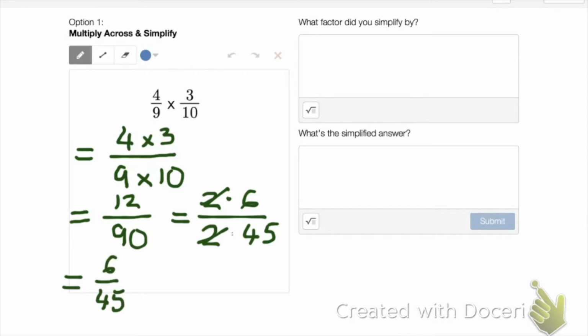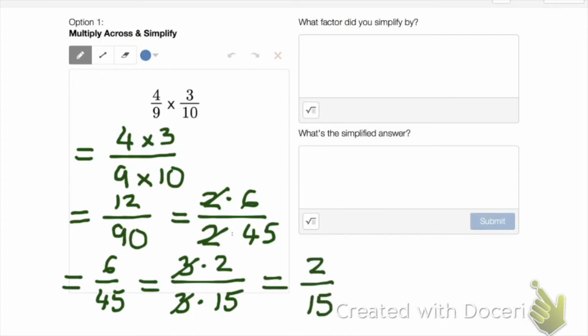When we look at the fraction 6 over 45, we can still simplify it because 3 goes into both 6 and 45. 3 times 2 is 6 and 3 times 15 is 45. Now we can cancel 3 again. So the final answer will be 2 over 15. Okay, that is a simplified form.